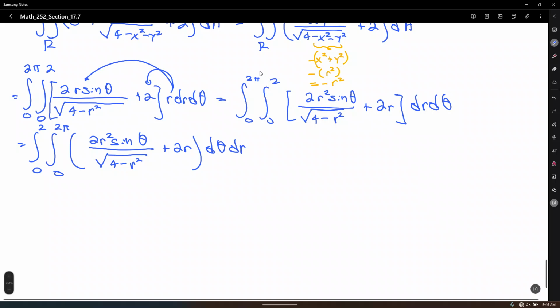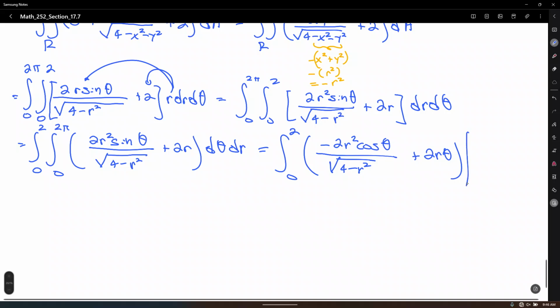With respect to theta. That is the integral from 0 to 2 of, the integral of sine will be negative 2r squared cosine theta over the square root of 4 minus r squared, plus 2r theta, evaluated between 0 and 2 pi.